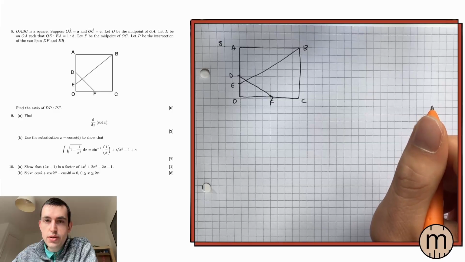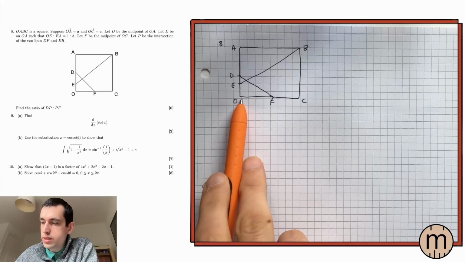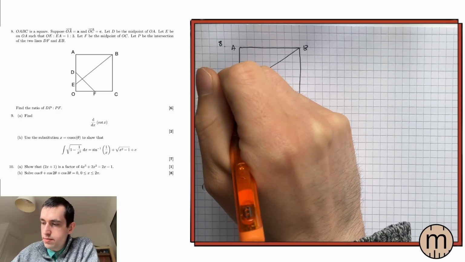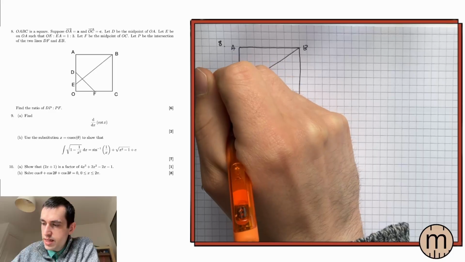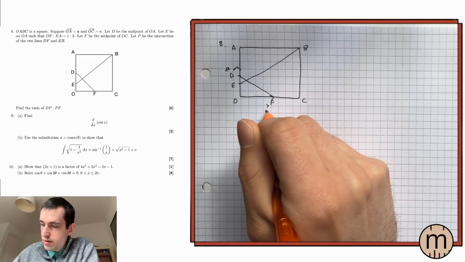In this question we've got a square, and we've got OA and we've got OC being given by little a and little c. So if I add that onto the diagram, this vector here is little a, this vector over here is little c.